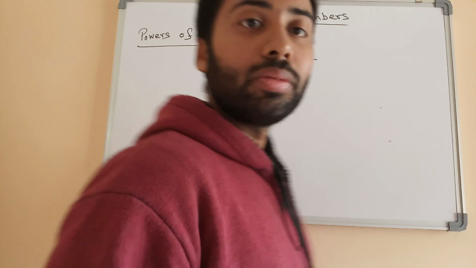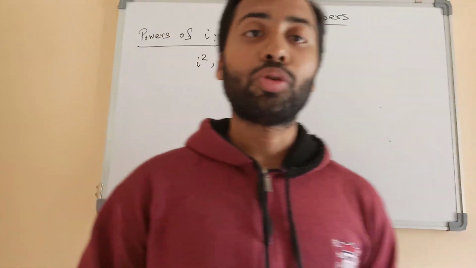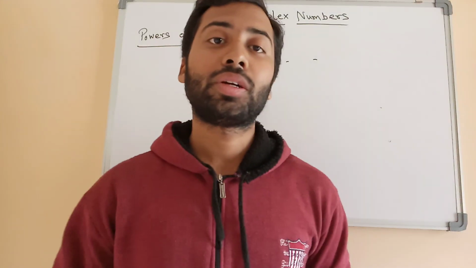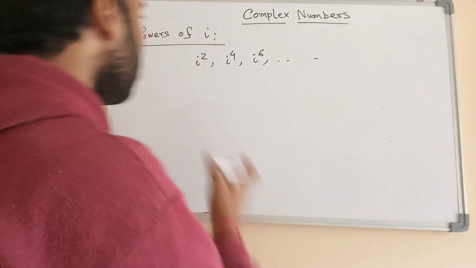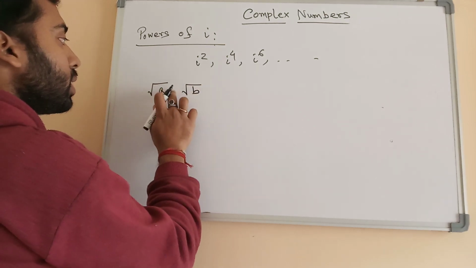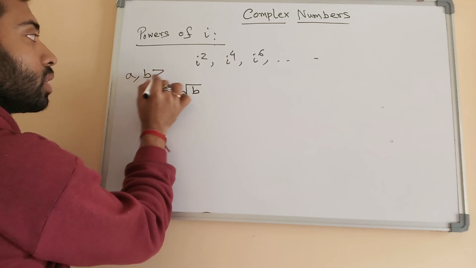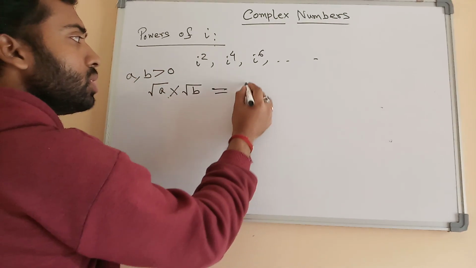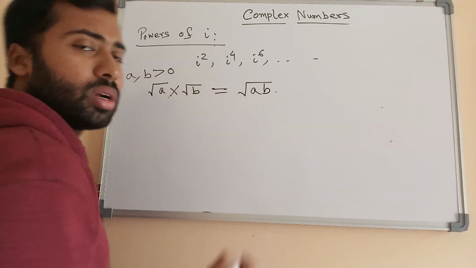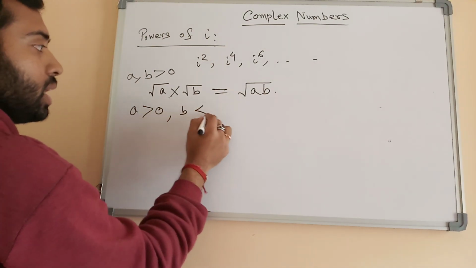Okay, before I talk about the powers of i, I should tell about the rule for the product when two numbers are under square root, like root a into root b. I am taking the product of these two numbers when a and b are greater than 0. So this is easily root under ab. Now a greater than 0, b less than 0.